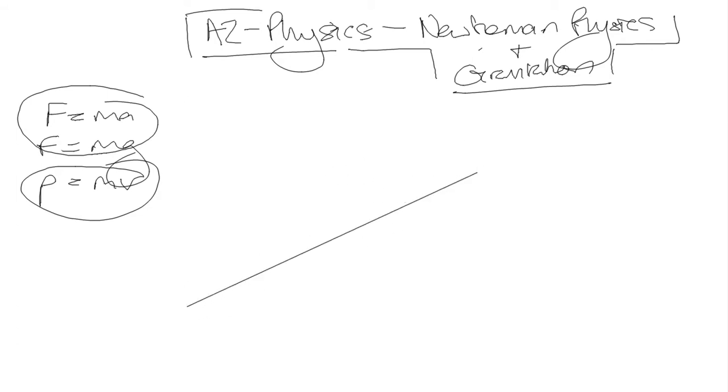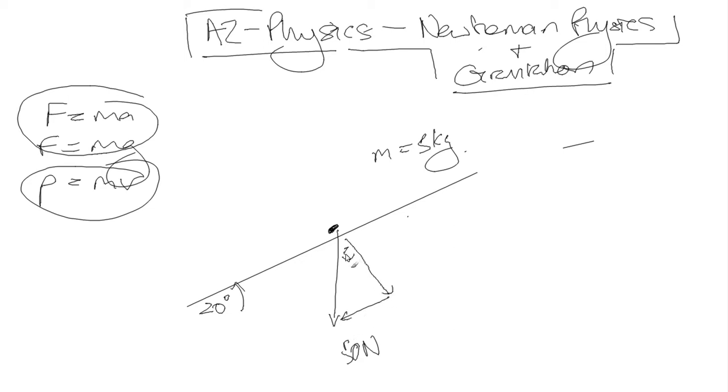If we have a point mass of 5 kilograms, and gravity is 10 newtons per kilogram, then it will have a force acting downwards of 50 newtons. If the slope is at 20 degrees, then this angle here is going to be 20 degrees as well.